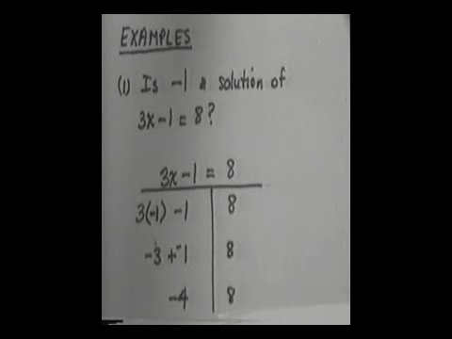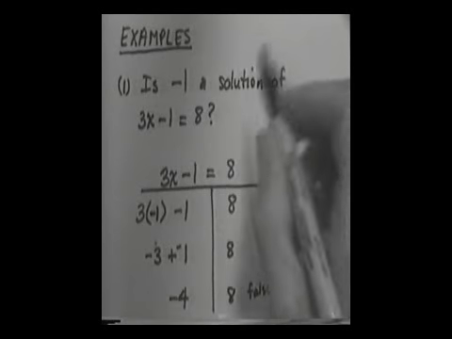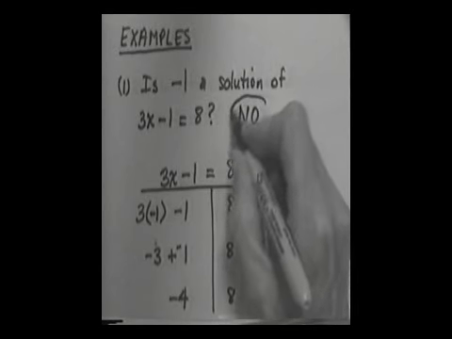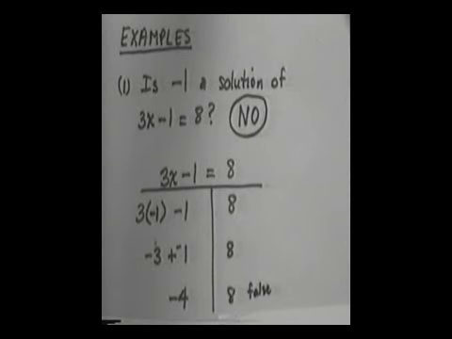And now we're asking, is -4 equals 8 true or false? Clearly, -4 equals 8 is false. And so the answer to our question is a resounding no. -1 is not a solution of 3x subtract 1 equals 8.